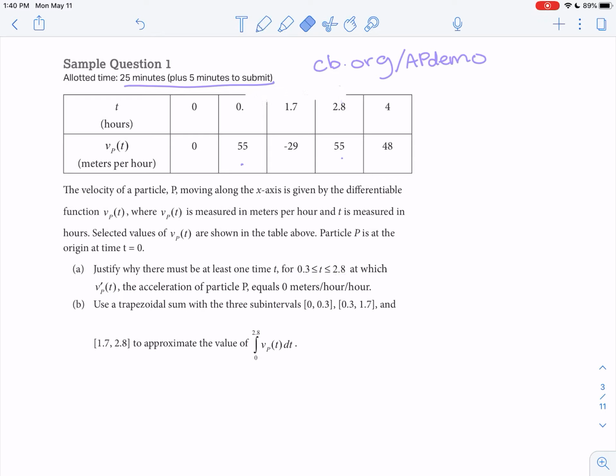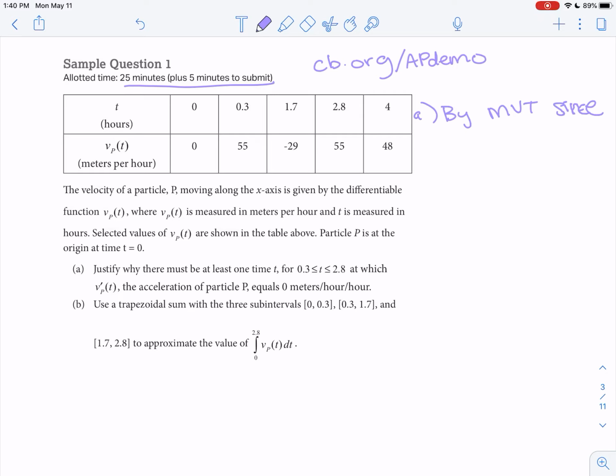Now, if that interval didn't work, I can always check a sub-interval. Like then I would maybe check that interval and see if that worked. But in this case, the given interval works, so it didn't say is there, it just said justify, so by MVT. And the conditions for MVT are both differentiable and continuous.